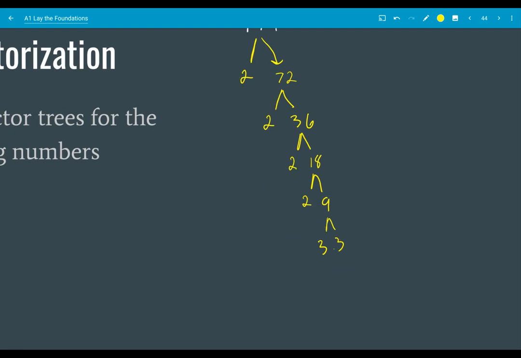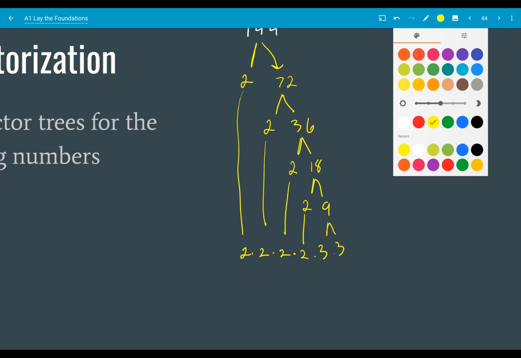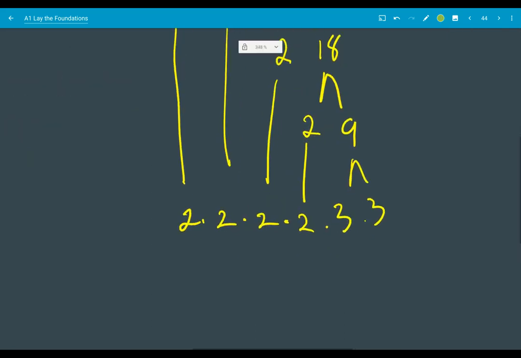Now that's the way I do it. Most factor trees, you will also see these brought down so they line up. So they're like this. But we also need to get used to writing it simplified. So how many do we have?